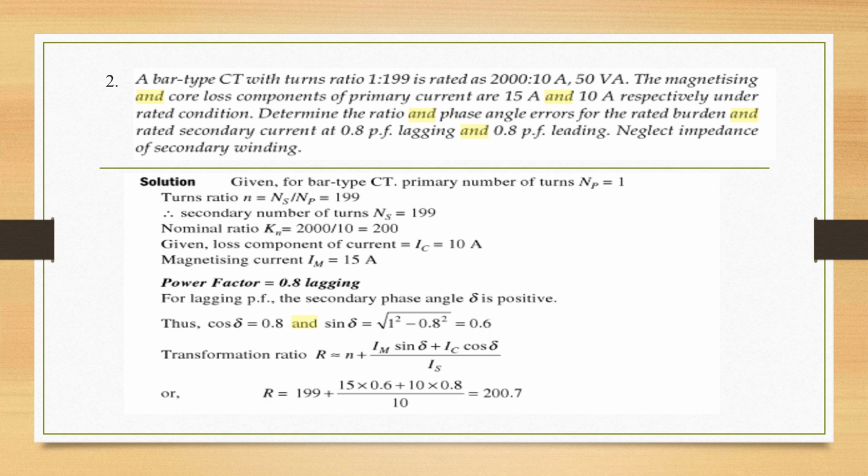Power factor 0.8 means cos sigma is 0.8. From there we will get sin sigma, and from there we will get the value of transformation ratio, that is R.